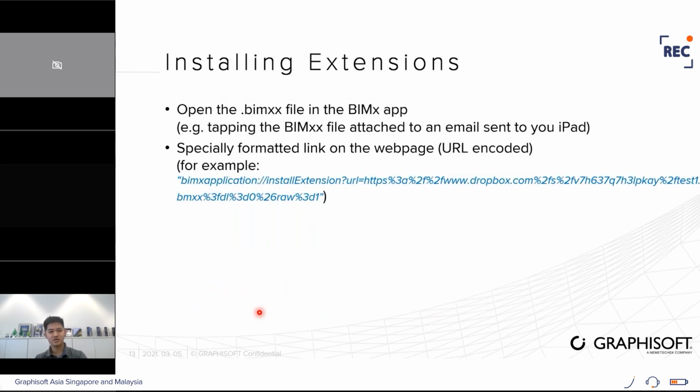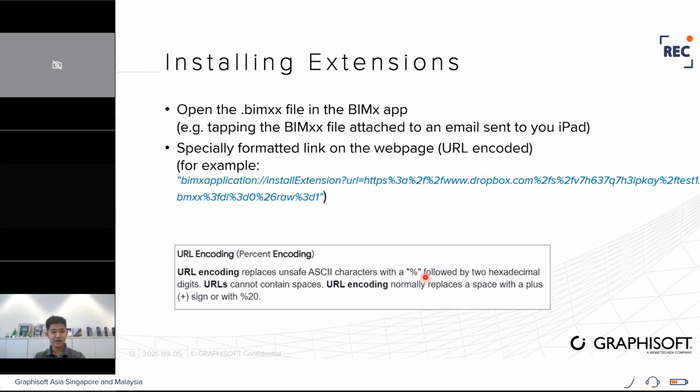To install the extension, you just need to click the file itself, the .bimxx file, or you can access it via a download link, like the one we have here. But it must be URL encoded, meaning it should have the % characters so that it can be readable by the machine.